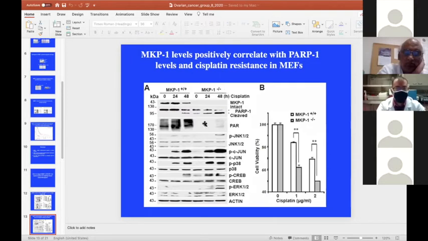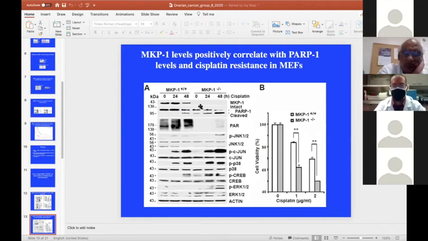First we verified whether those cells behave the same as the ovarian cancer cells we manipulated. Again, we show that knockout cells have a low level of PARP and also increased cleaved PARP when we treat with cisplatin, and PARP is also lower compared to the plus cells.